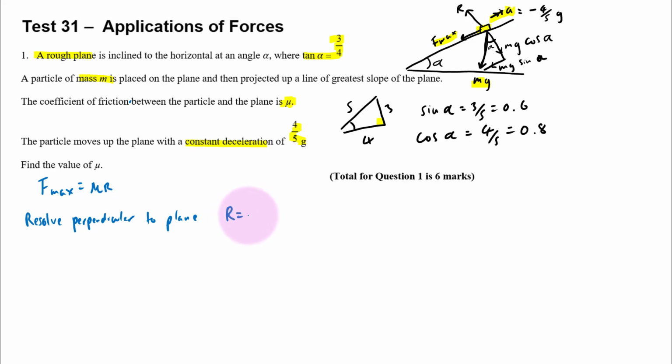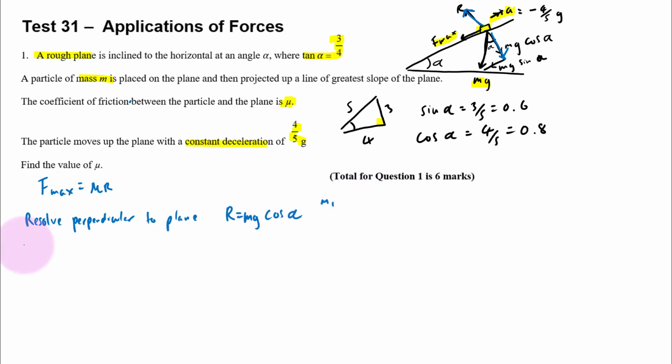R equals mg cos alpha. Yes, this is the R. That's your mg cos alpha, like so. Those are the only two forces acting. That gets you a mark already.